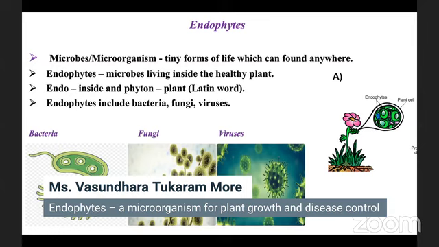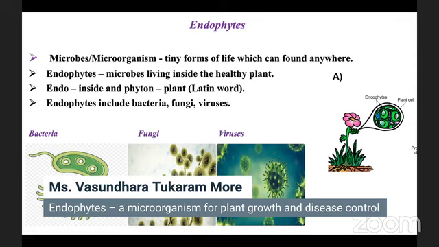How can endophytes look, or how do we observe them in three categories? We all know that is bacteria, fungi, and viruses. Especially viruses, in COVID time we all became familiar with what type of viruses are there and how they can look.